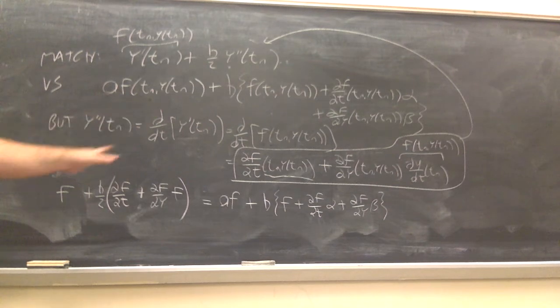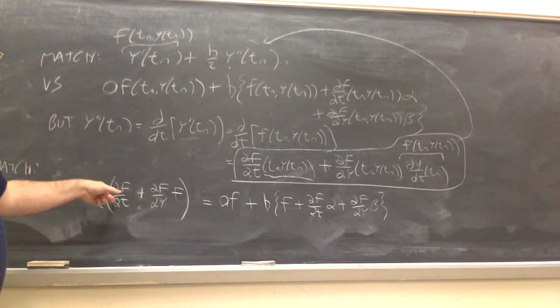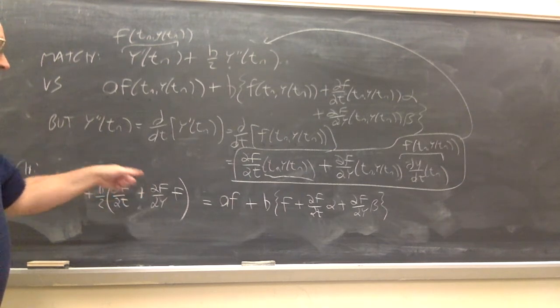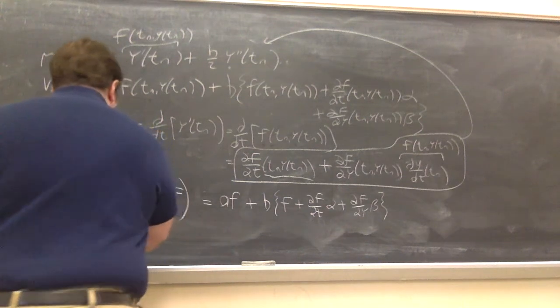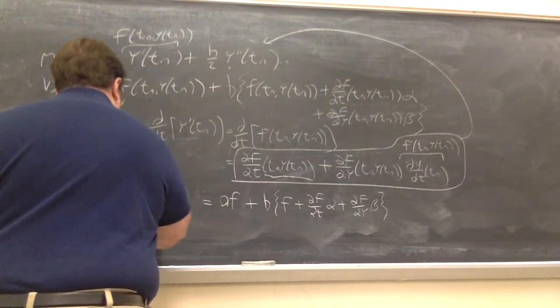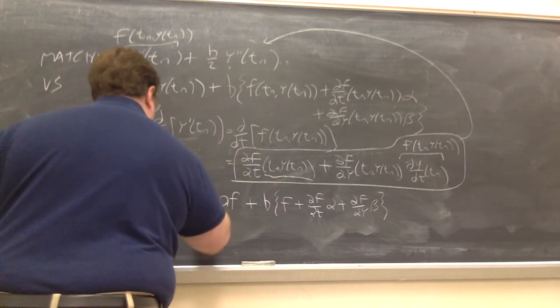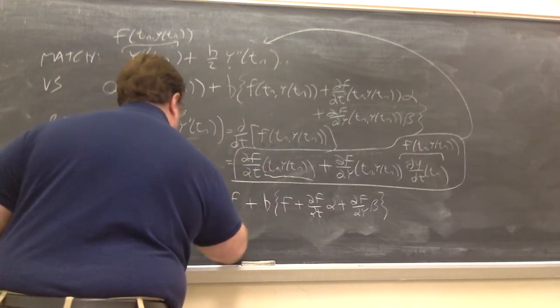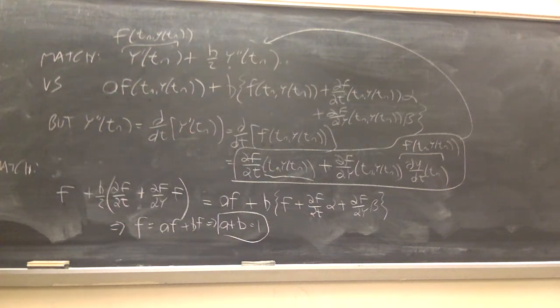So now if I compare these two, picking up terms involving partial f with respect to t or partial with respect to y, or just plain f by itself, then I have f over here must be equal to AF plus BF. So it means that A plus B is equal to 1. So that's one condition that we have.